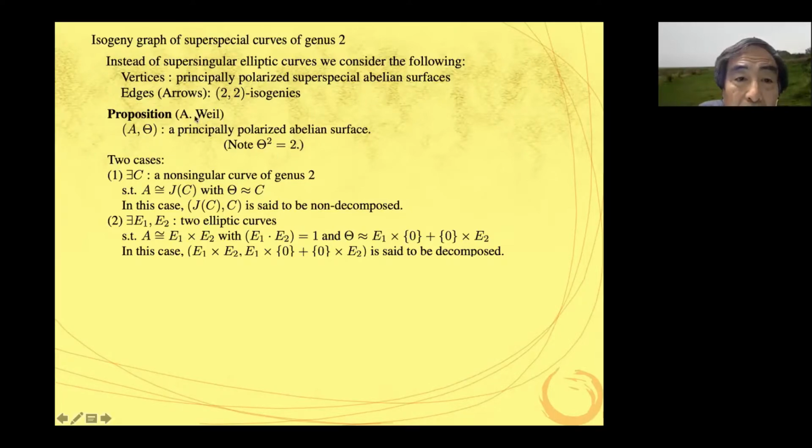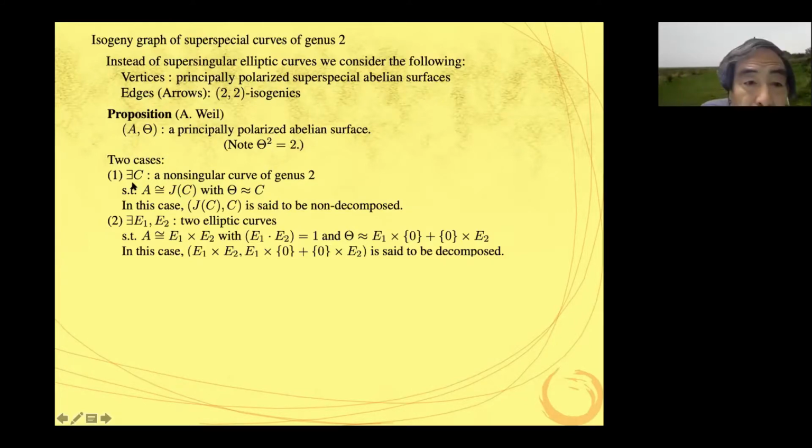The structure of a principally polarized superspecial abelian surface is as follows. Long ago, André Weil showed that if (A, θ) is a principally polarized abelian surface, then we have two cases.